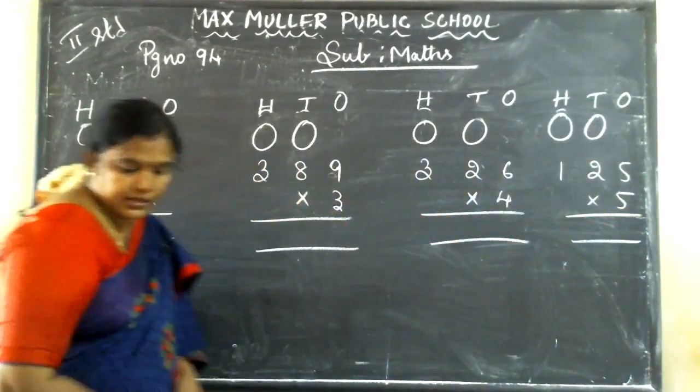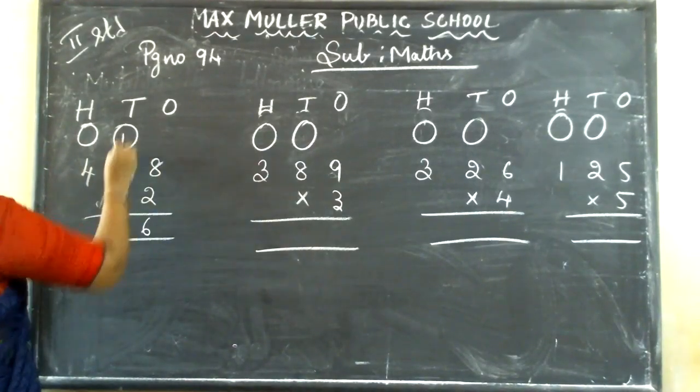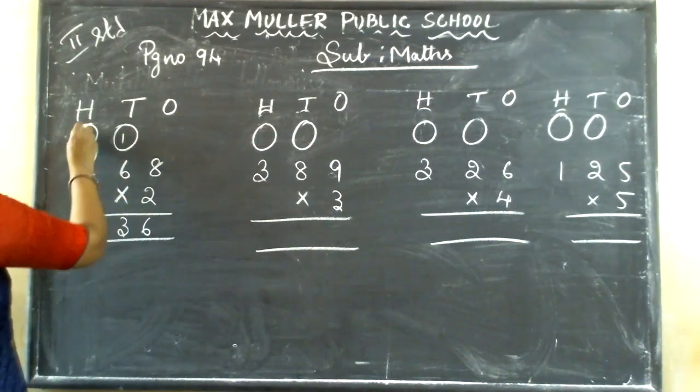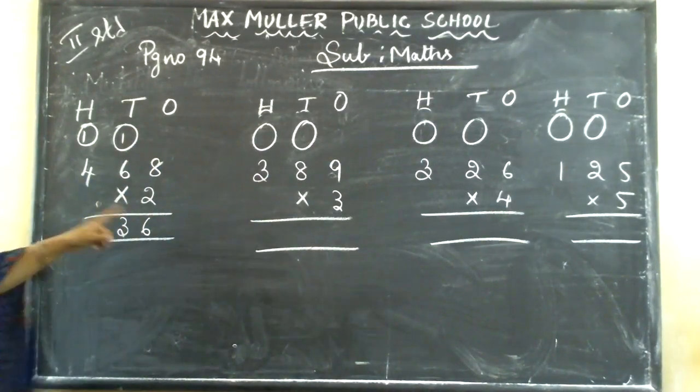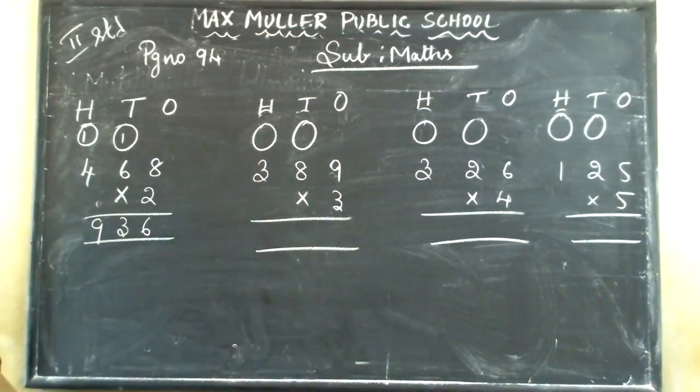Now listen carefully, children. 2 8s are 16. 2 6s are 12, 12 plus 1, 13. 3 you write here, 1 you carry to hundreds column. 2 4s are 8, 8 plus 1, 9. 936.